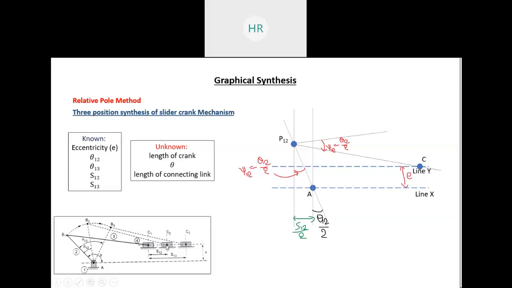So now in three position synthesis, we have first located this point C over here.